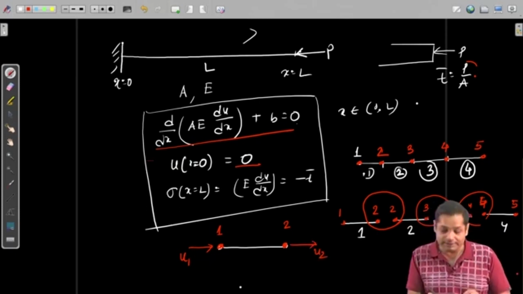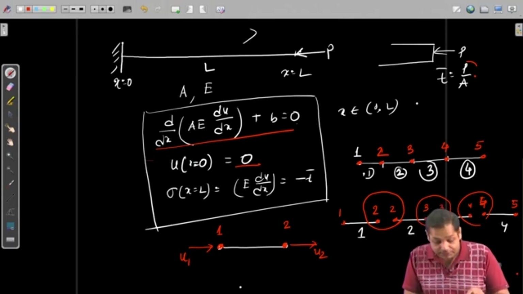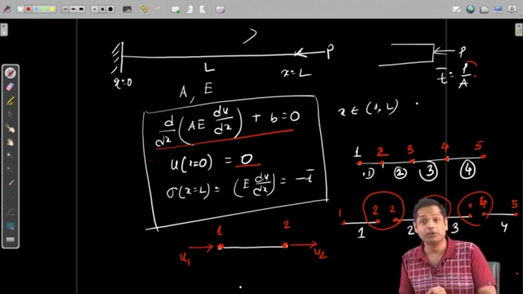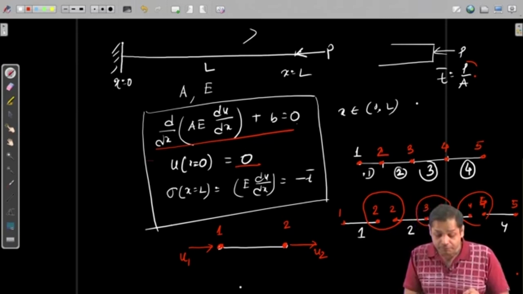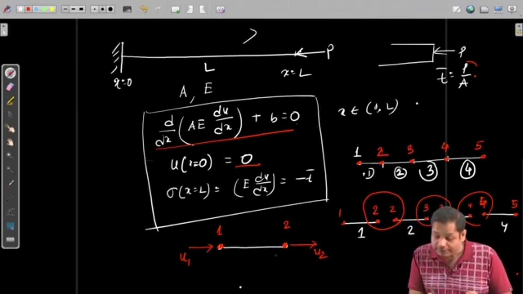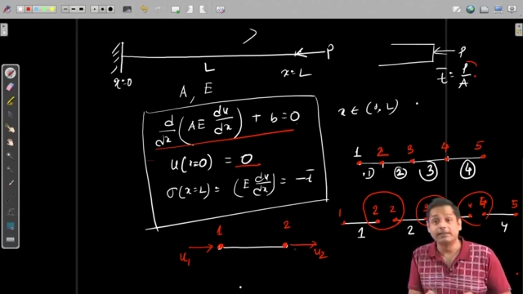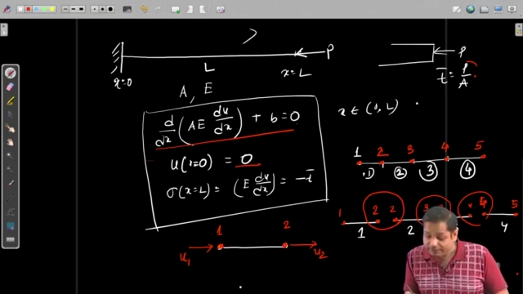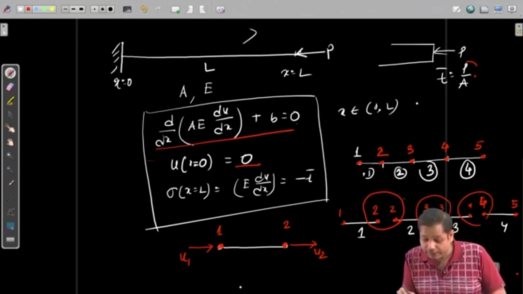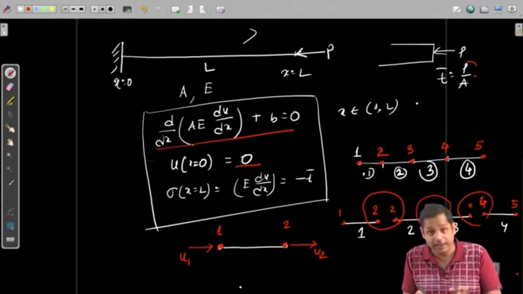Okay, so U1 is the displacement at node number 1, U2 is the displacement at node number 2, and this is along the length of the element. This is for the single element.